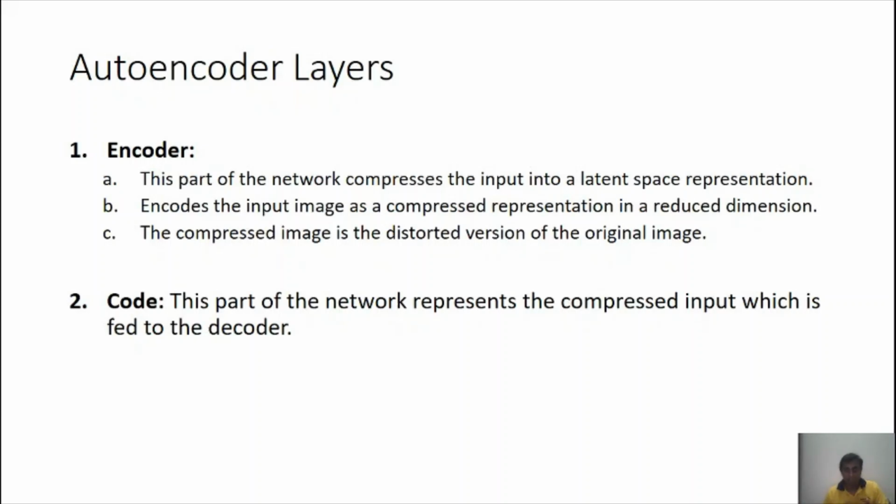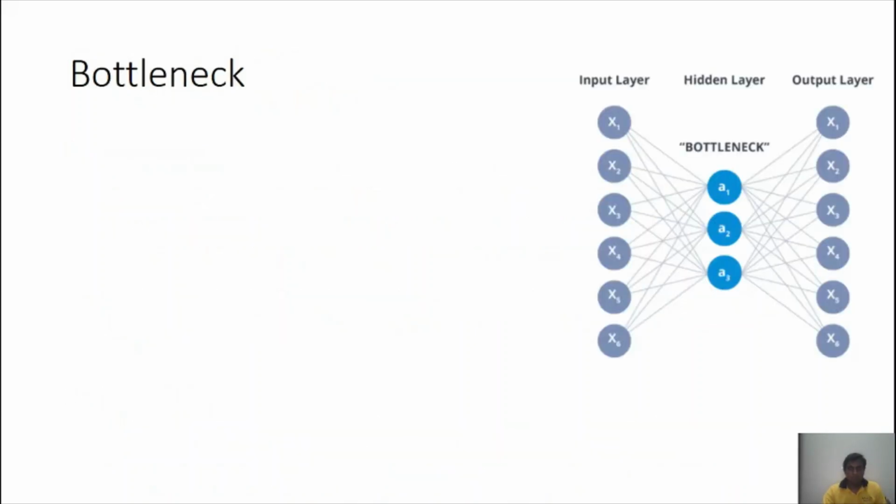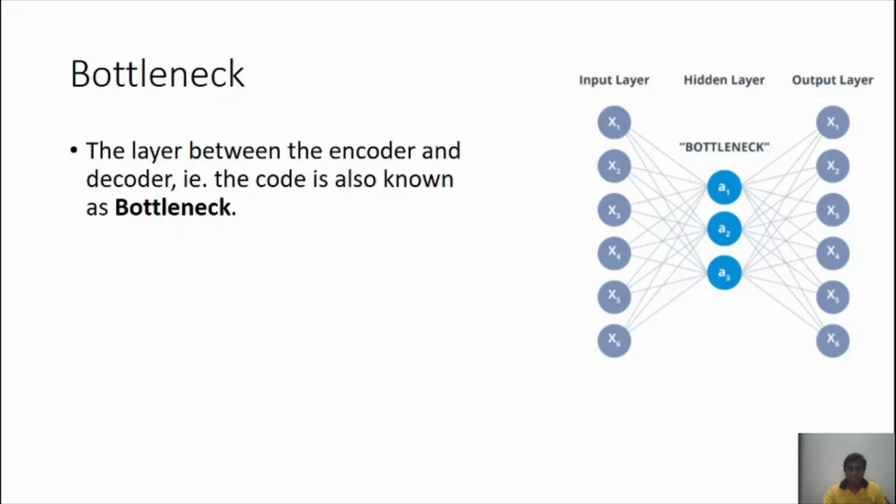We will see the mathematical representation of how this happens in the next few slides. So you can see here the encoder is one, the code section is the compressed output, and then you have the decoder output. The hidden layer is also referred to as the bottleneck. Bottleneck is what actually produces the compressed representation.